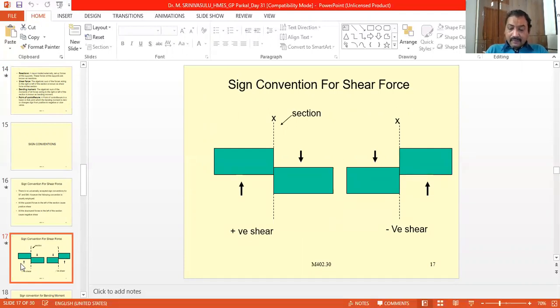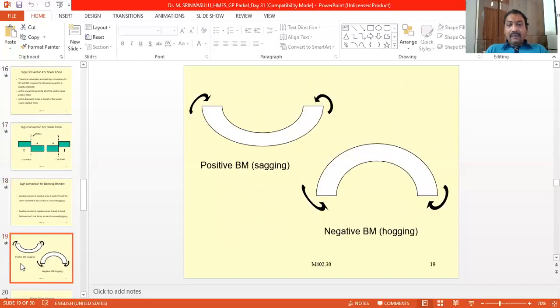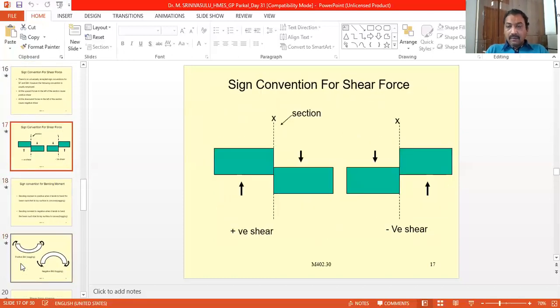At any point on the length of the beam, suppose we have taken the section at this point. This side is called the right of the section, and this side is called the left of the section.